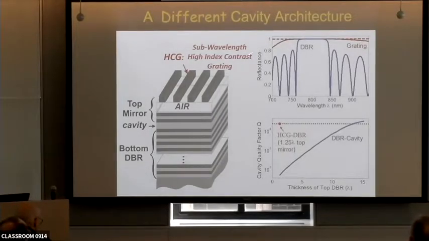It has broader bandwidth, and over a very narrow range it can have almost perfect reflectance. As a result, we can create a cavity with as high a quality factor as DBR cavities, with a much shorter top mirror. And best yet, with the grating we have many design parameters to change to control the properties of optical modes, which for polaritons directly translates to controlling the properties of the polariton modes.